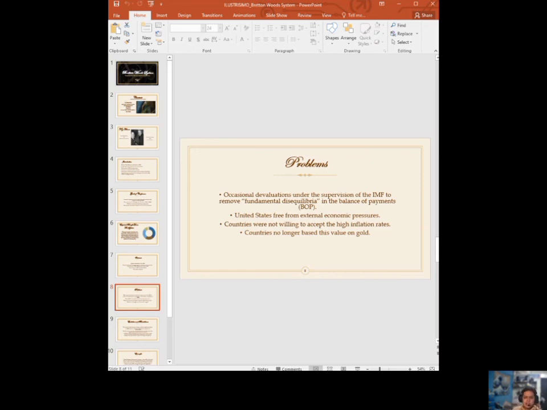The biggest advantage of the Bretton Woods regime was that it provided a stable exchange rate environment that nurtured the reconstruction of the world economy and the growth of international trade and finance.